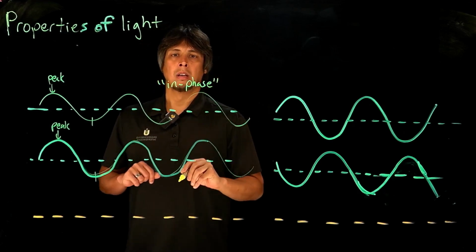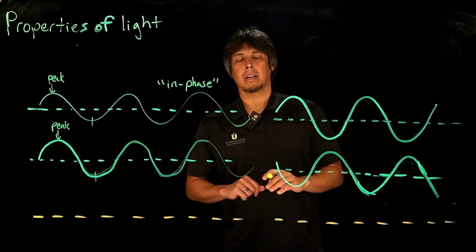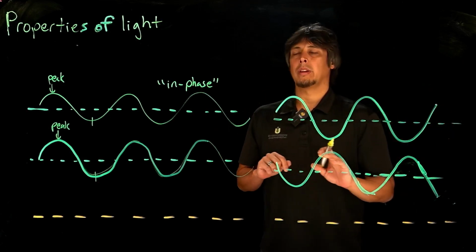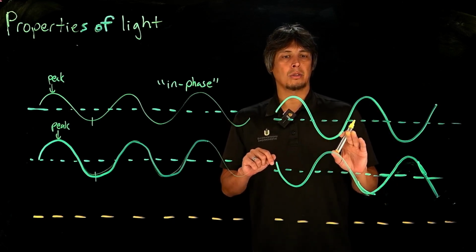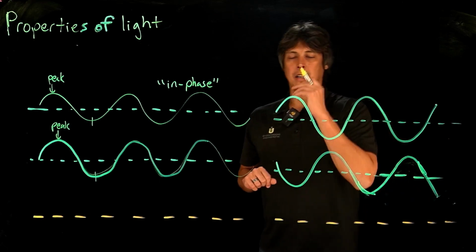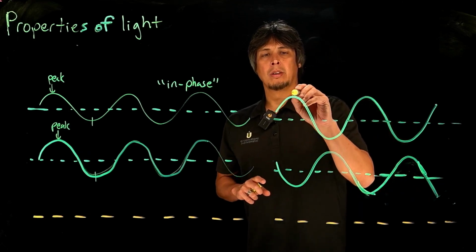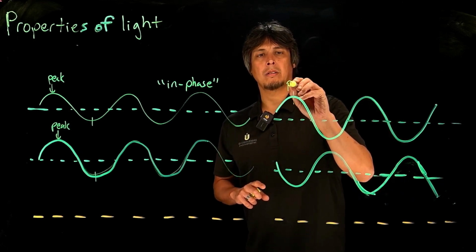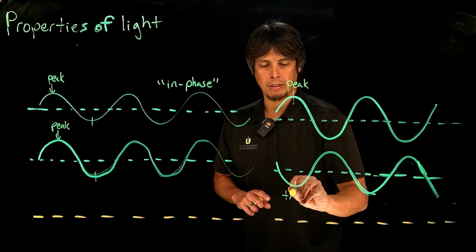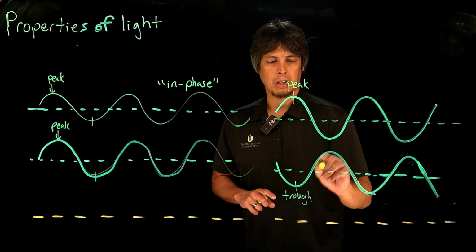By contrast, on the other side of the board, we have two waves, which we've written again one on top of the other, where the peak of the top wave corresponds to the trough of the second wave.